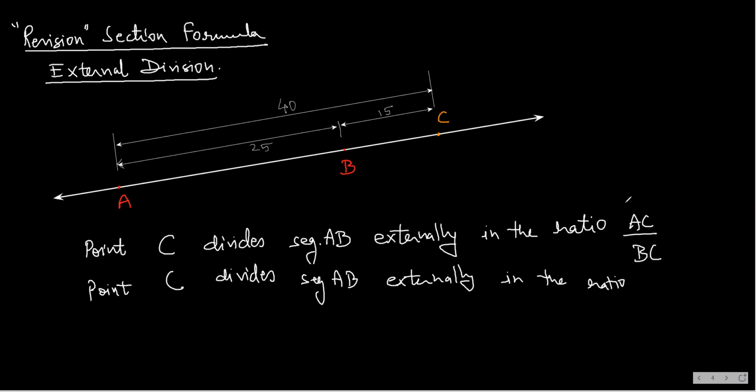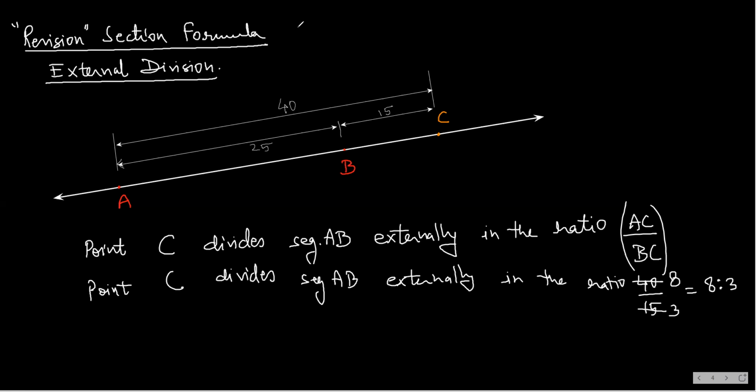AC is 40, and BC is 15. Five threes are 15 and five eights are 40. So the ratio is 8 is to 3.